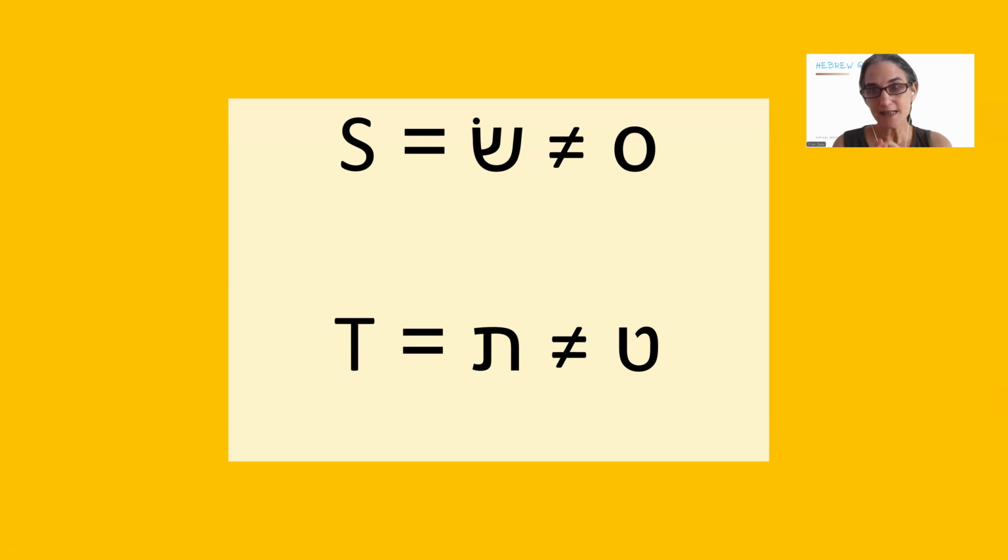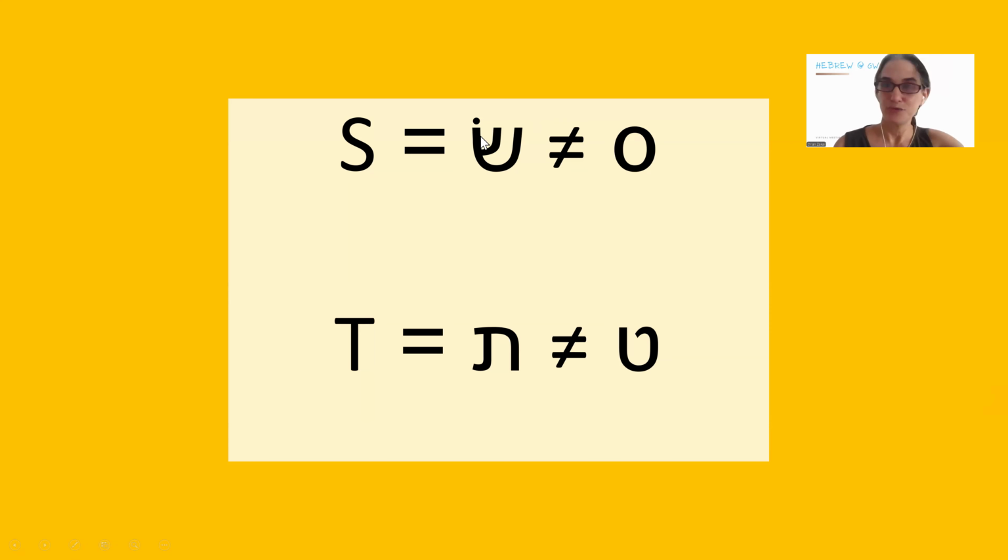The only thing is we have to remember that we have letters that sound exactly the same but look differently. And that is a cause of a lot of spelling mistakes, which we don't worry about so much at this point, but we just want to notice. Yeah, so we have the samech and the sin.